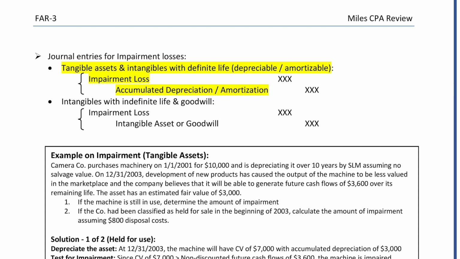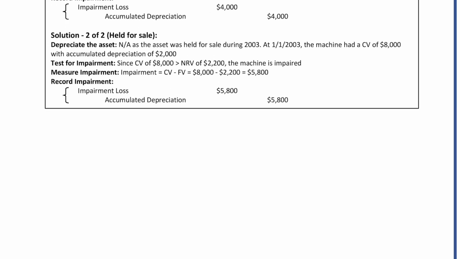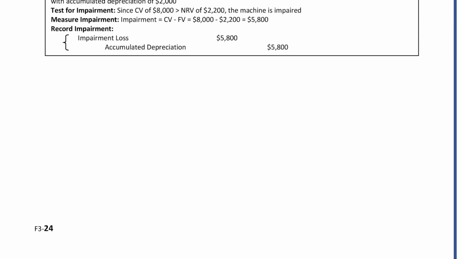The non-discounted is $3,600. Now, I want you to make a little bit of notes below the box for the example. Carrying value for the asset after depreciation. So the asset was purchased for $10,000 and assuming that it's been depreciated year 1, year 2 and also year 3, the carrying value after depreciation will be $7,000.